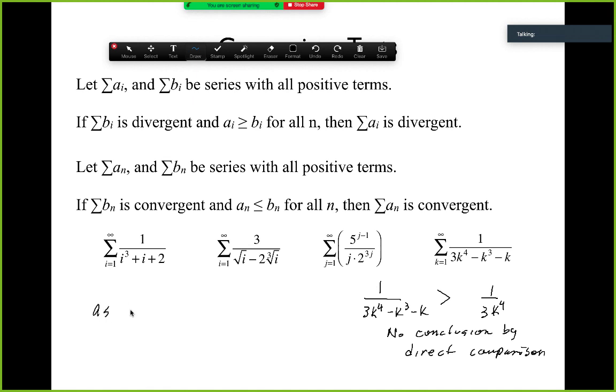So as k gets big, 1 over 3k to the 4th minus k cubed minus k does what? It becomes like 1 over 3k to the 4th. So when k gets really large, these terms really don't matter anymore. And this thing gets very, very similar to 1 over 3k to the 4th, which converges.